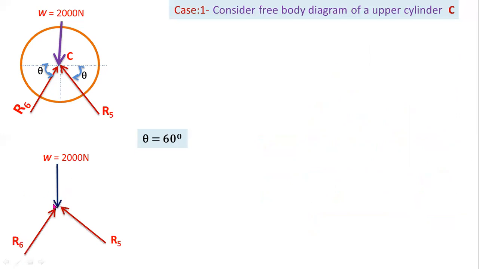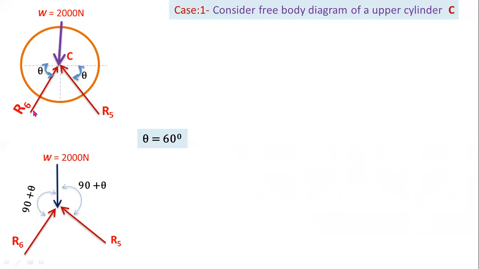Now you have to calculate the angle between 2 forces. Here the angle is theta, and the other angle is 90 degrees, so 90 plus theta. The angle between W and R5 is 90 plus theta. In a similar way, the angle between reaction force R6 and W is 90 plus theta.